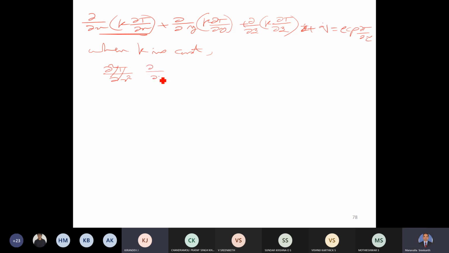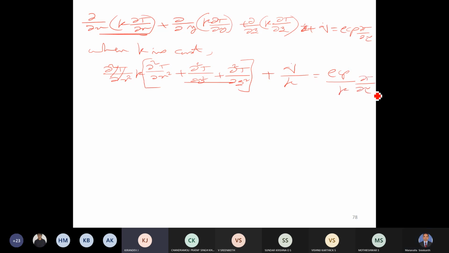In fact, we can write it as ∂²T/∂x² because this k comes out, plus ∂²T/∂y² plus ∂²T/∂z² plus q dot by k is equal to rho cp by k ∂T/∂τ.